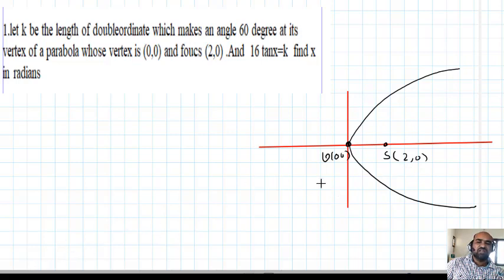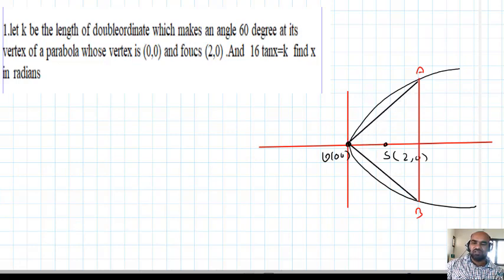So draw one double ordinate. Say AB is the required double ordinate, so that this angle equals 60 degrees. The double ordinate is perpendicular to the axis.